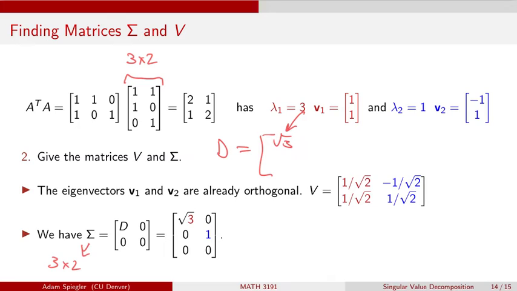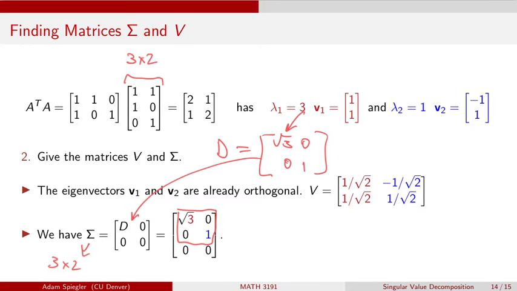So the first singular value is square root of 3. The second singular value is the square root of 1, which is 1. So this piece goes right here, and that's this 2 by 2 diagonal matrix whose diagonal elements are the singular values of matrix A.